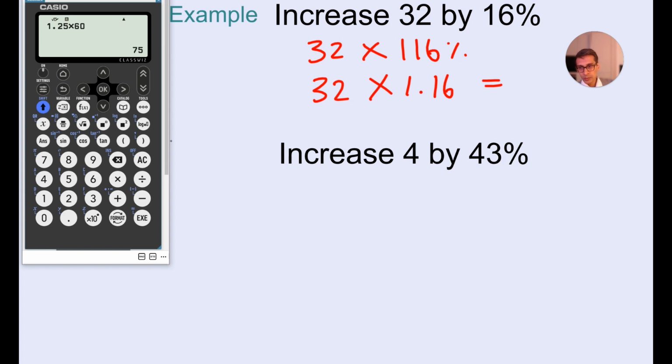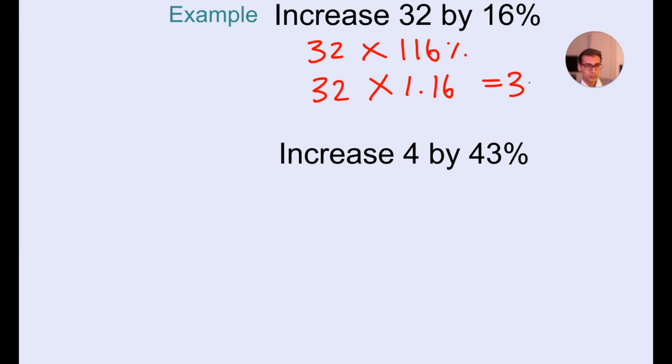Remember, the commutative law means we can put the 1.16 first if we want to. We don't have to. 1.16 times 32, and that's our answer. Now if we want to turn this into a decimal, we're going to go to Format, press down, change it to decimal, press OK, and you can see we're going to get 37.12. That's our answer for this one.